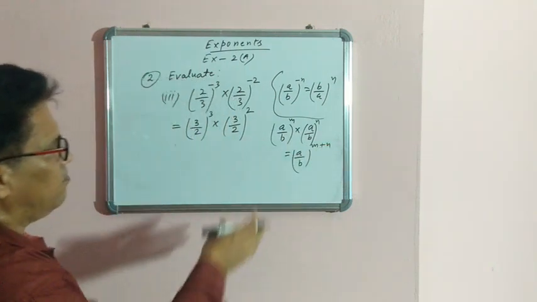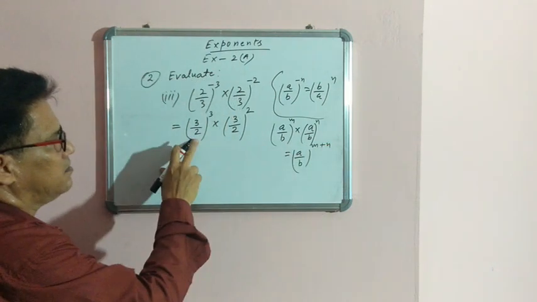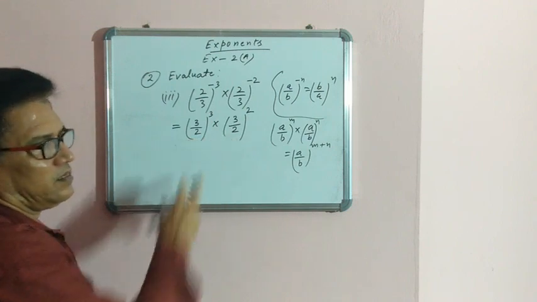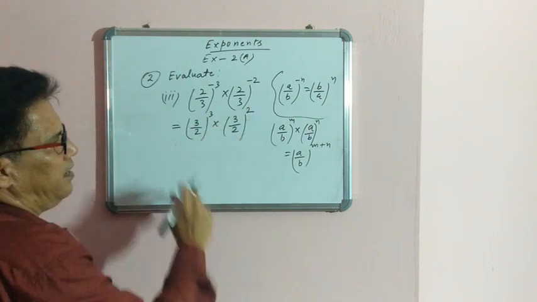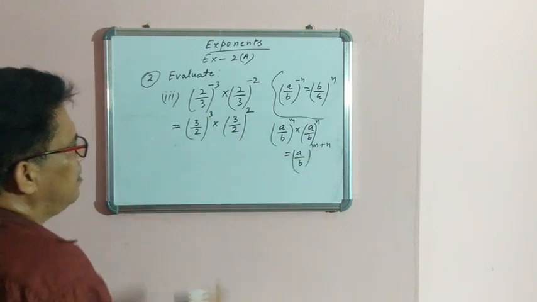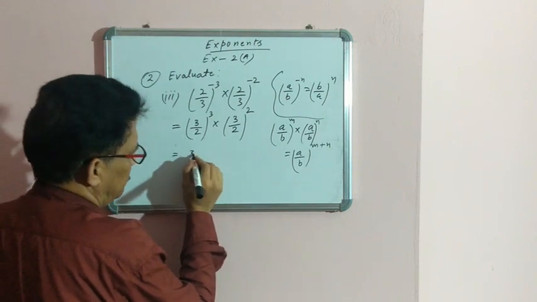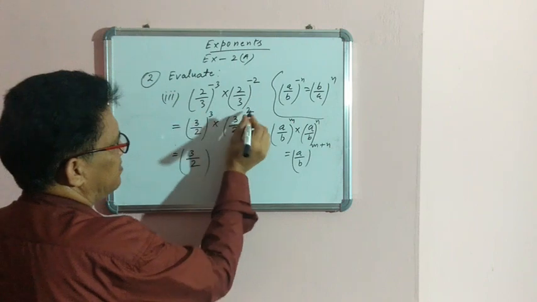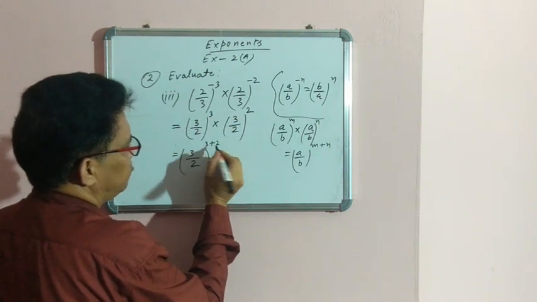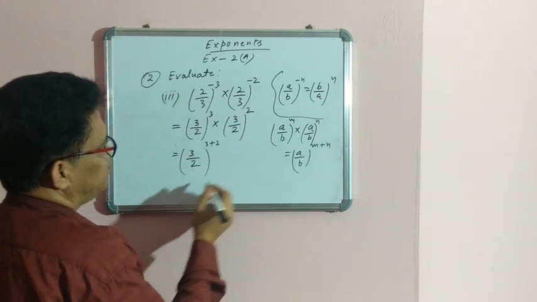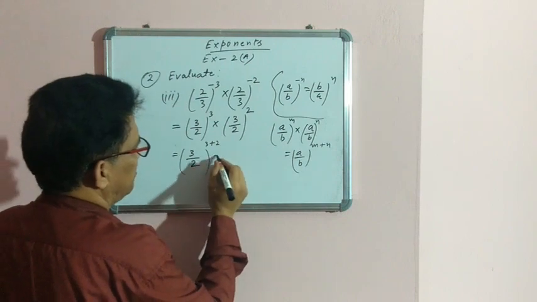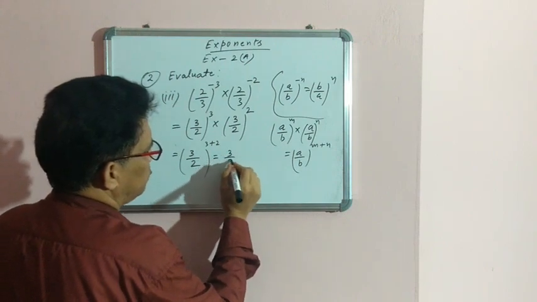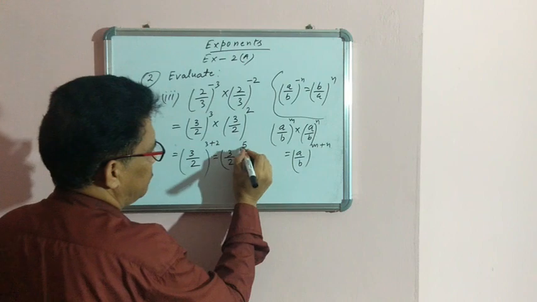The same law will be applicable here because the base is the same. So we will write 3 by 2 power 3 plus 2. Now we are getting 3 by 2 power 5.